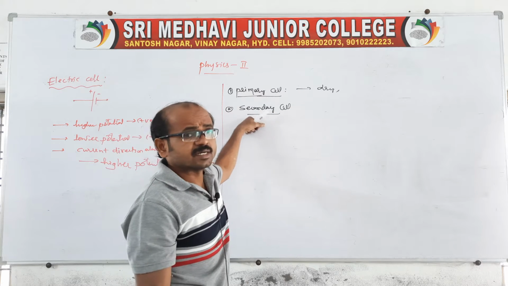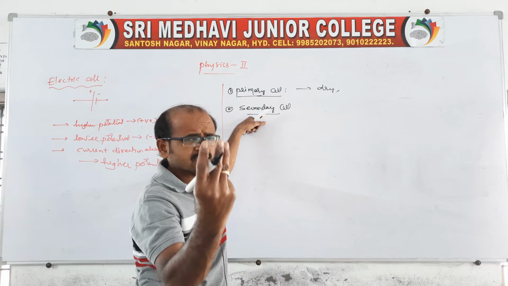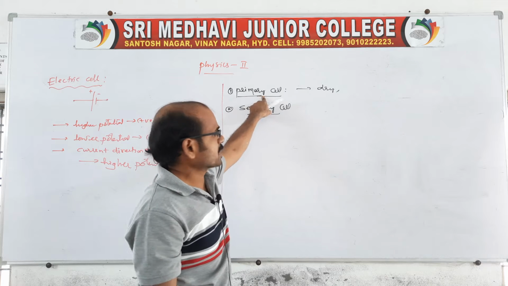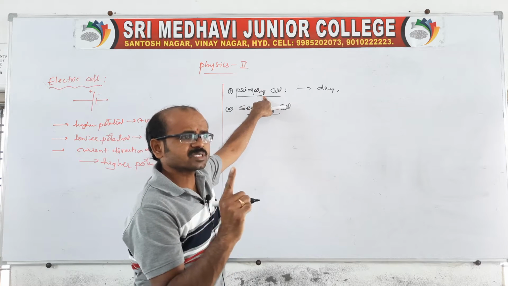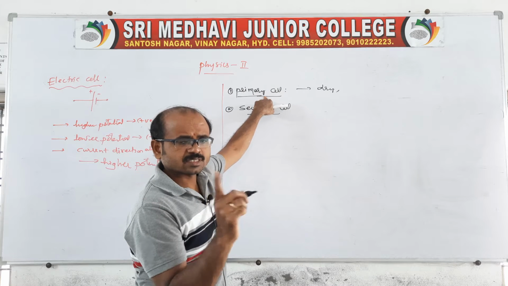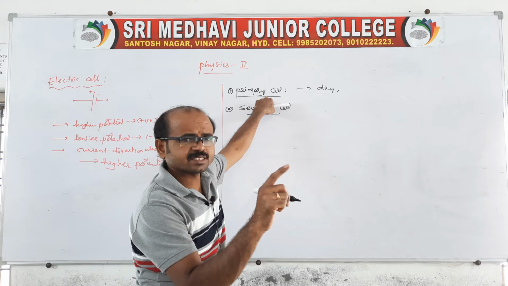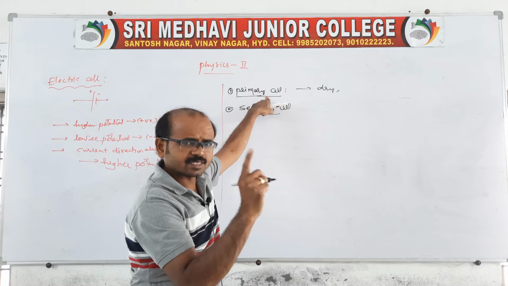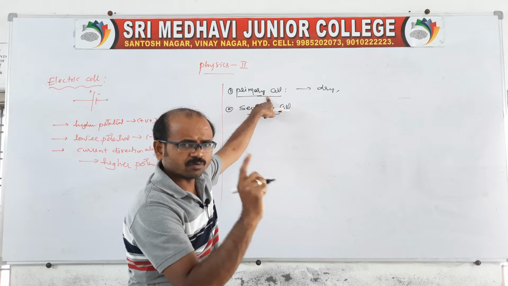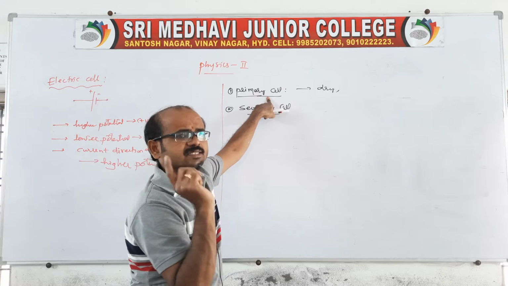Another example is the Daniell cell. So these are the three examples of primary cells: dry cells, voltaic cells and Daniell cells, which once used cannot be recharged.